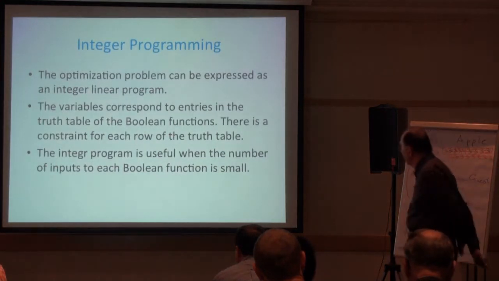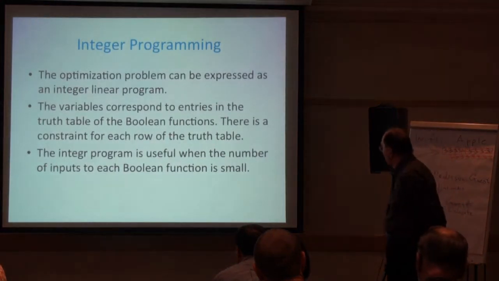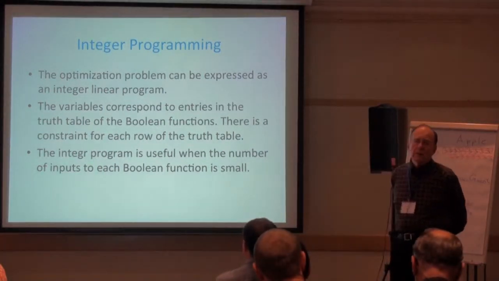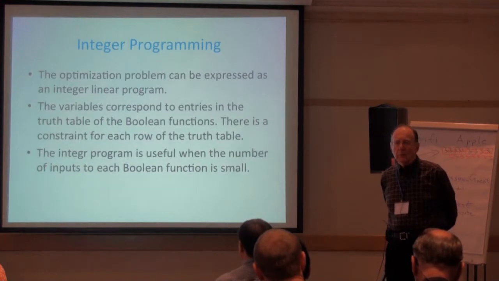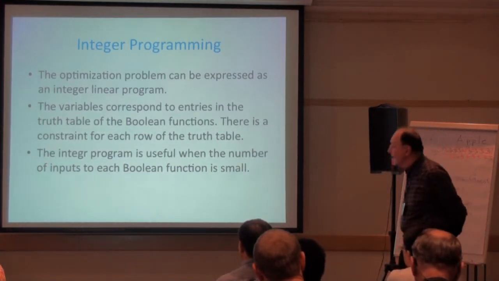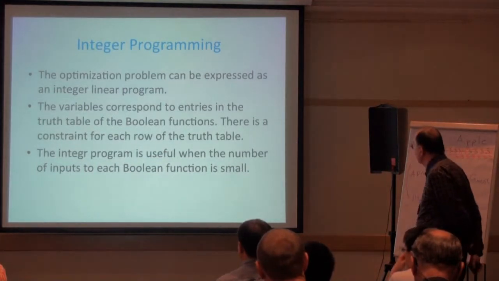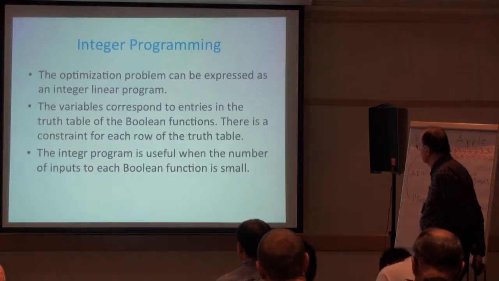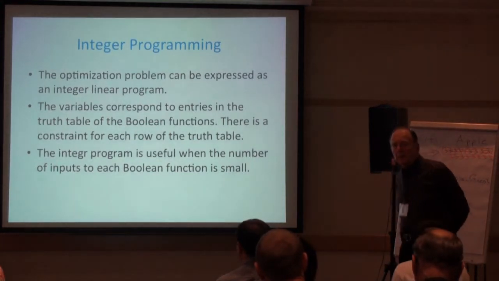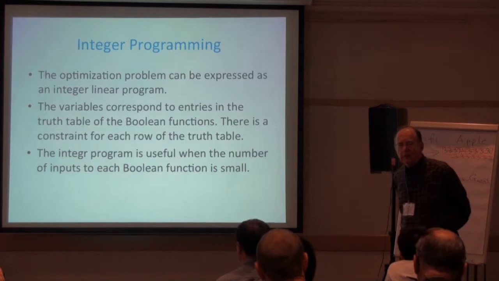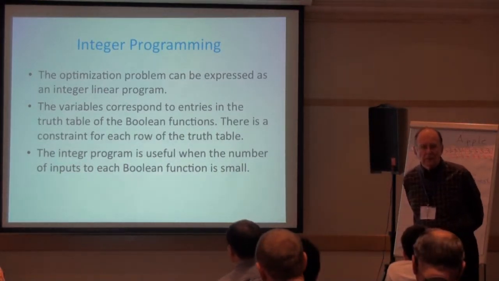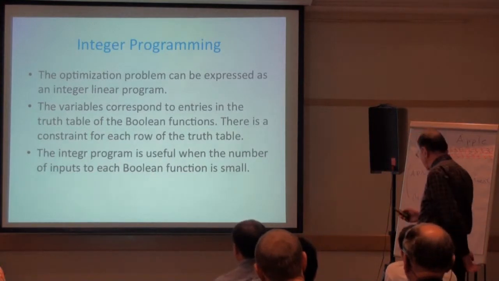So if you're lucky enough that all of the Boolean functions have only 3 variables, then you would need only 8 Boolean variables per Boolean function, per edge. And there are some cute tricks in the paper that mostly were constructed by Roded Sharan, showing how we can write down integer constraints that capture the effects of these truth table entries.